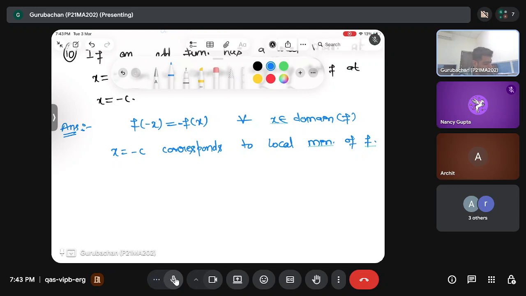Now, how many of you know the statement of mean value theorem?